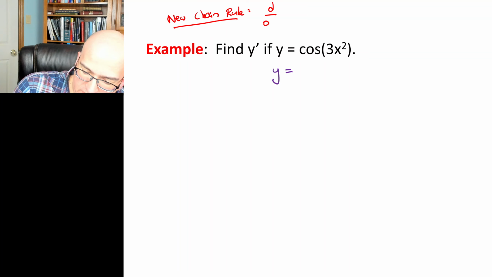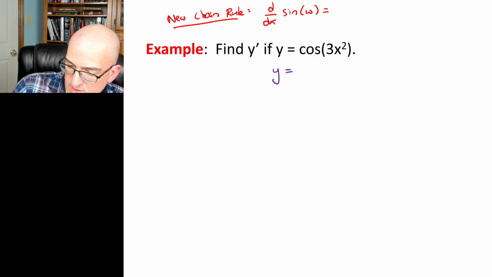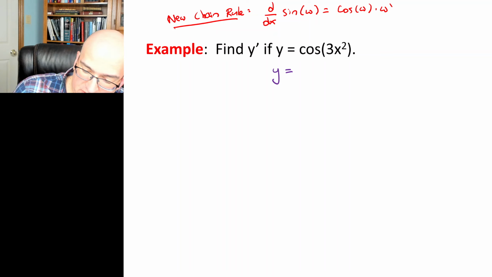The derivative, d by dx, of the sine of w is the cosine of w multiplied by w prime. D by dx of the cosine of w is equal to the negative sine of w times w prime.